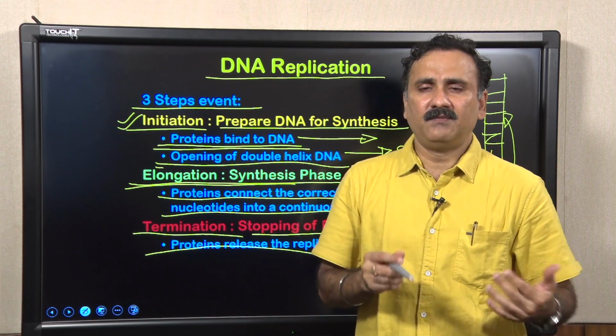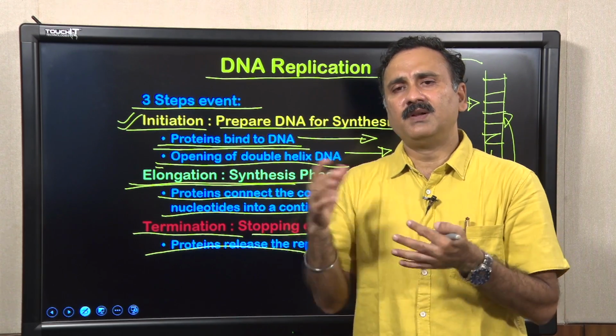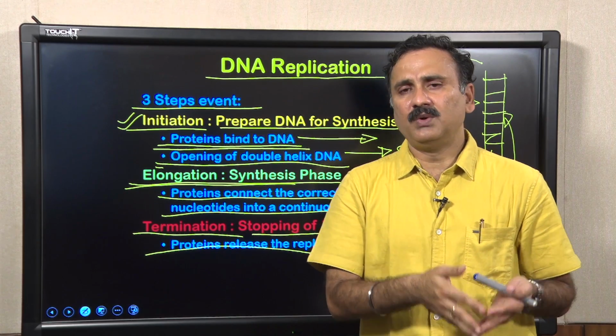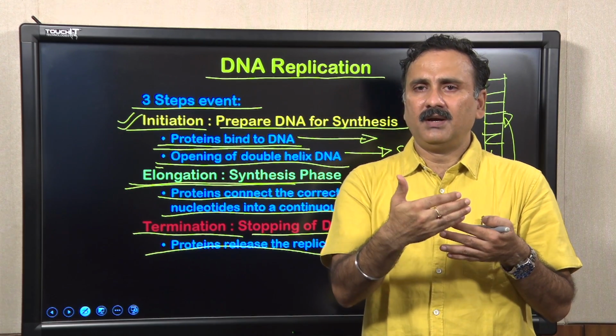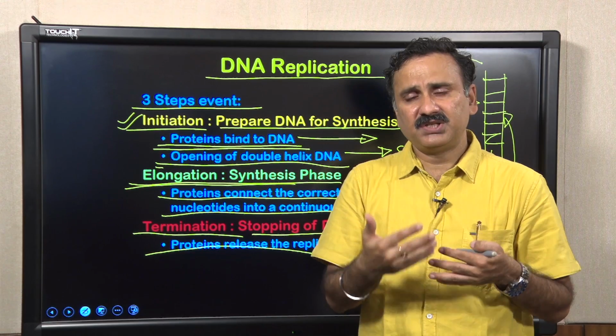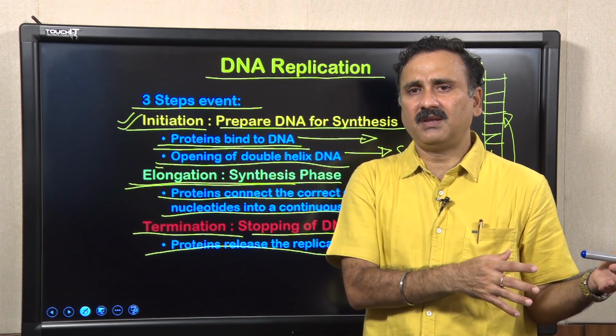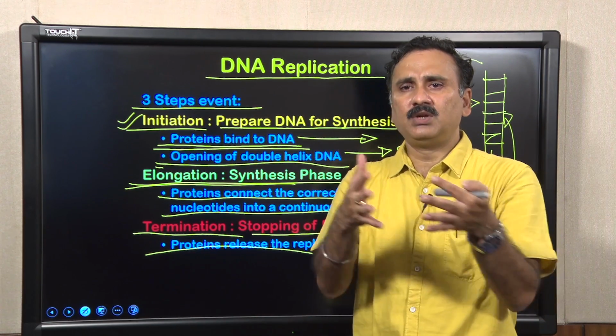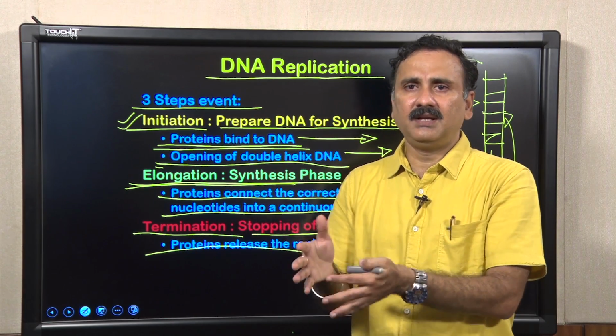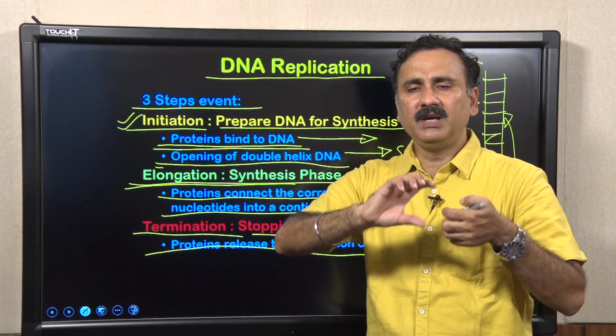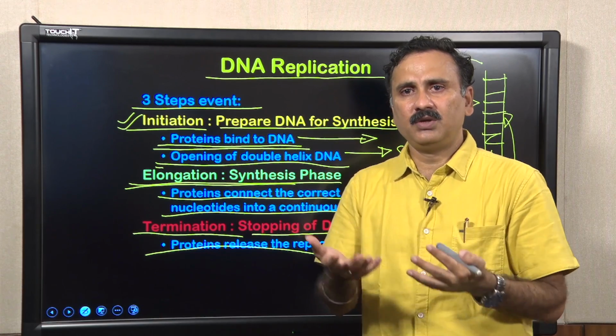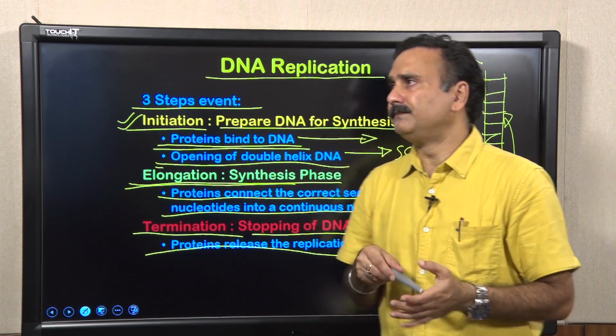That is the elongation phase, and once they reach the end of the sequence they start the termination step. Once the DNA synthesis is over, it generates the double stranded DNA, and then the double stranded DNA is coiled, and it generates the helical structure.